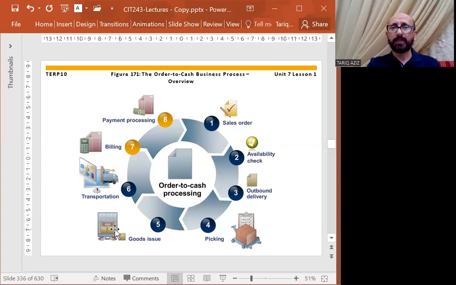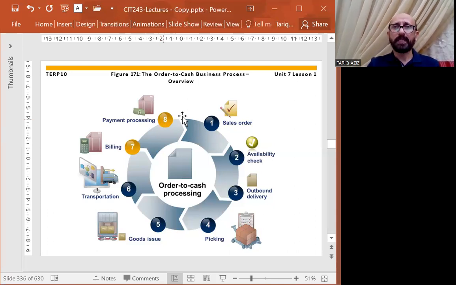and then he will issue the goods to the delivery boy or the delivery truck, and then we'll go with the billing, and billing is also part of our sales and distribution document. So from billing, we can create the invoices, and then we will get the payment back. So with the payment, the whole process is complete. By the way, the invoice and the payment are the accounting processes, financial accounting.